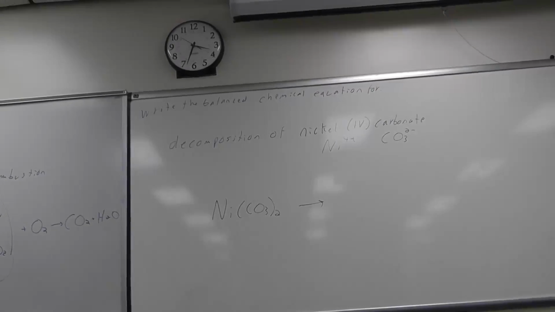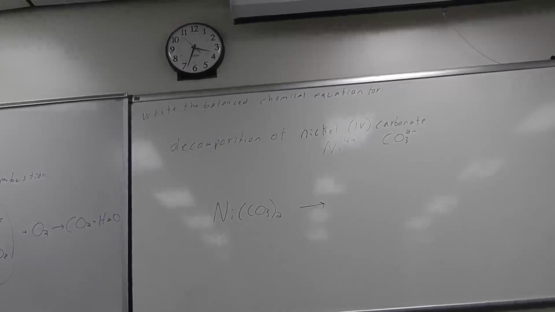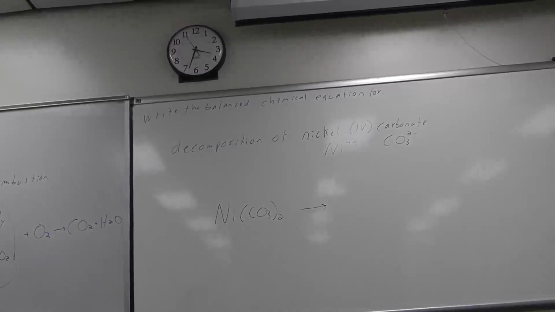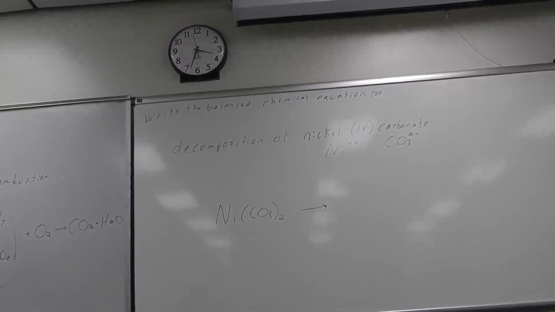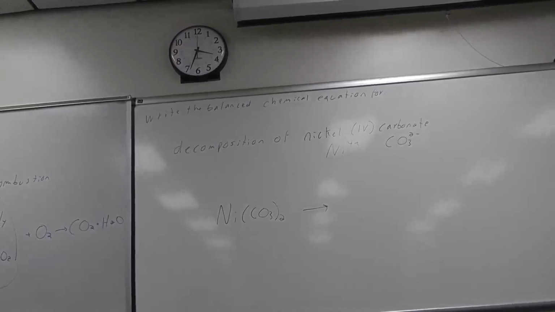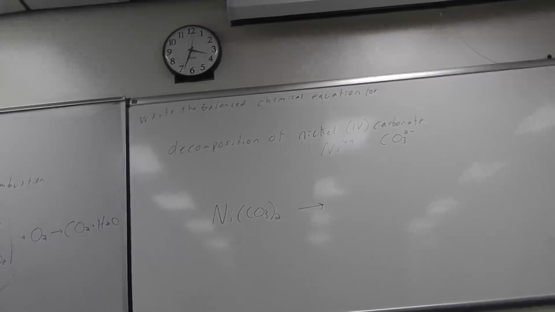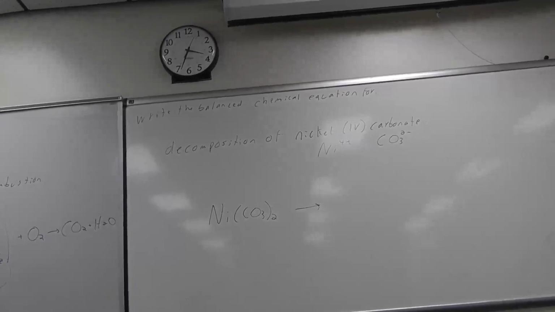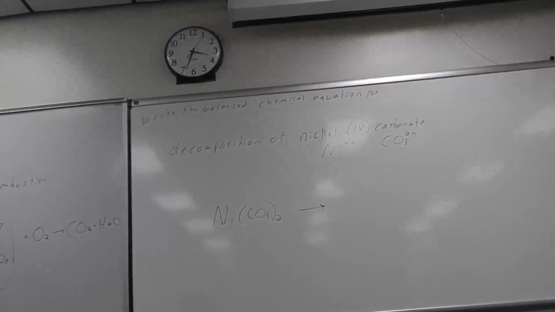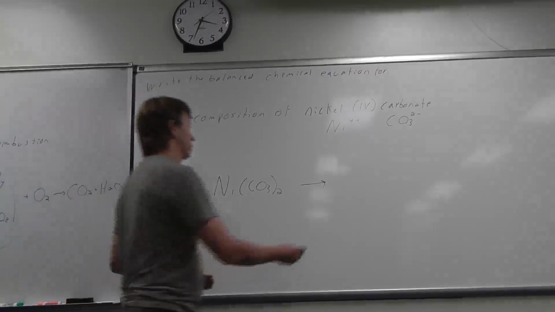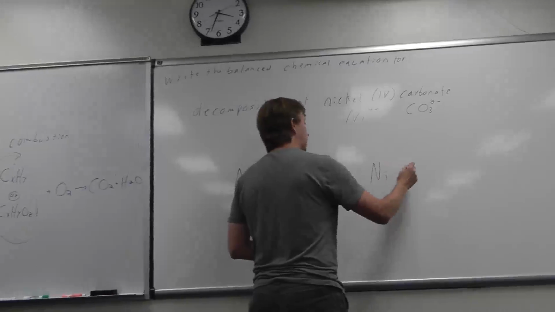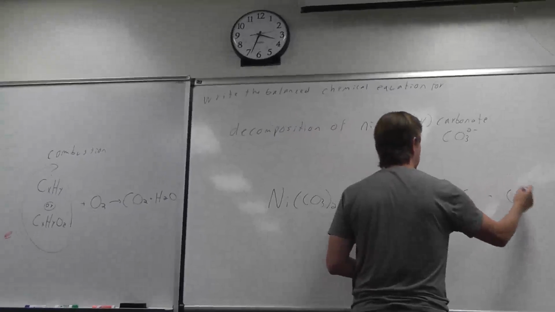And are you told what to break it down to? Not actually in the problem, no. But I told you 5 minutes ago that unless products are specified, you take it to the individual elements, right? So that means we're going to form nickel and carbon and oxygen.